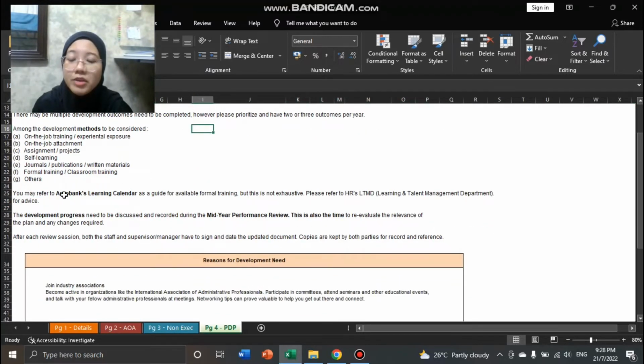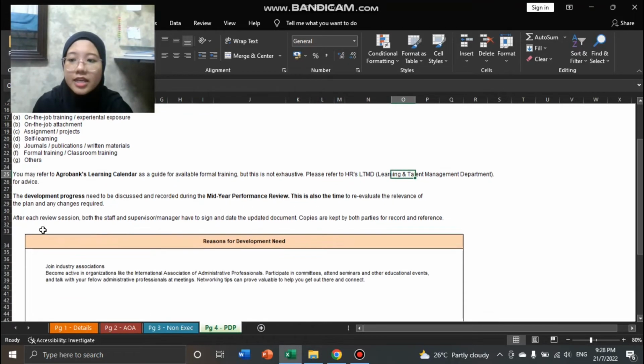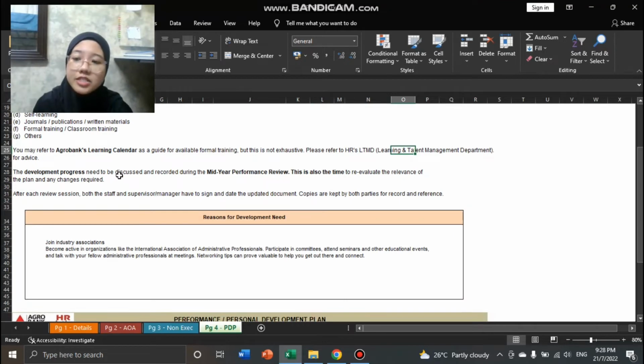You may refer to this PDF, the Agrobank Learning Calendar, as a guide for available formal training, but this is not exhaustive. Please refer to HR LTMD, Learning and Talent Management Department, for advice. The development progress needs to be discussed and recorded during the mid-year performance review.